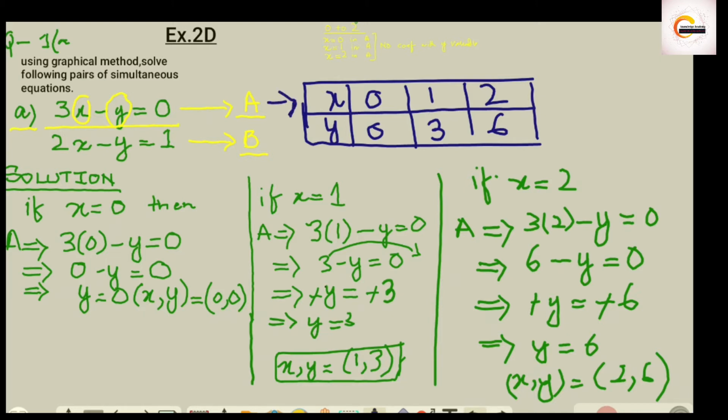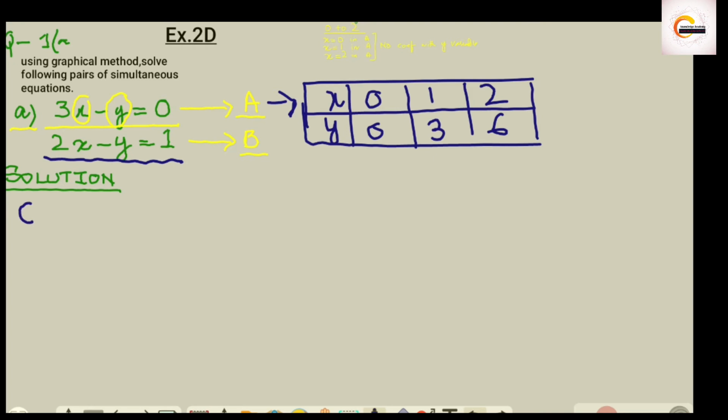Now, in the same way, I am going to find 3 coordinates on equation B, and then I'm going to plot the graph. For equation B, again I am going to choose 3 points: 0, 1, 2.